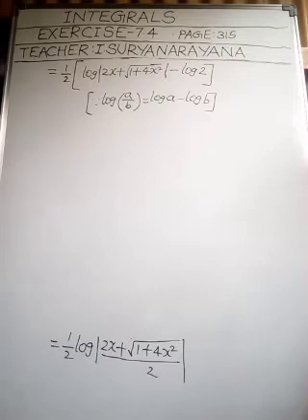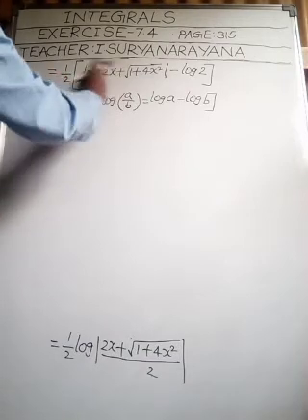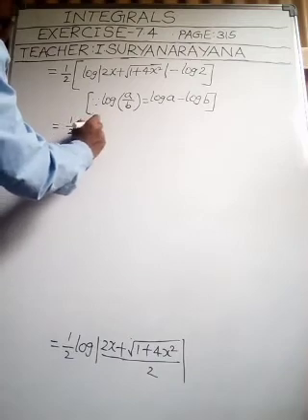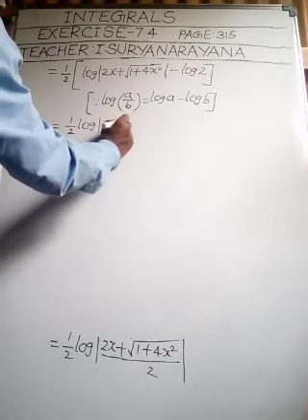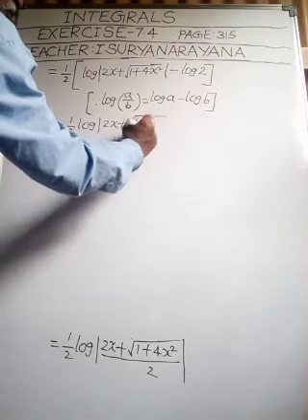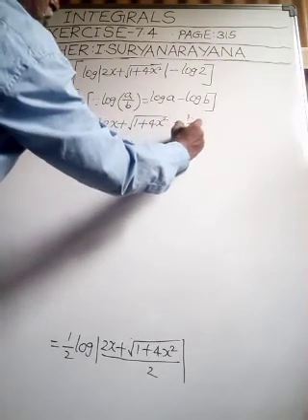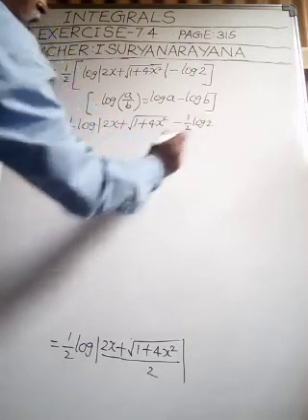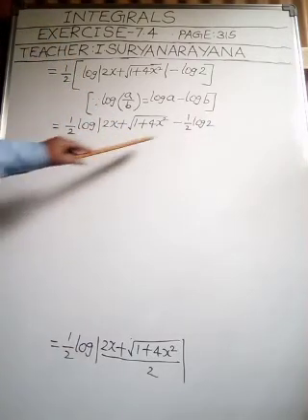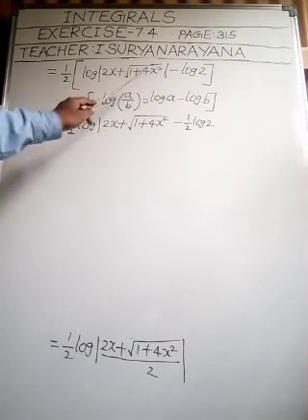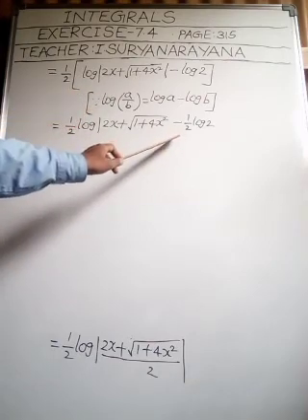Right. Now let us multiply by 1 by 2. So what will we get? 1 by 2 log mod 2x plus square root of 1 plus 4x square minus 1 by 2 log 2. Understood this step, my children? I just used the distributive property, then we get this step.